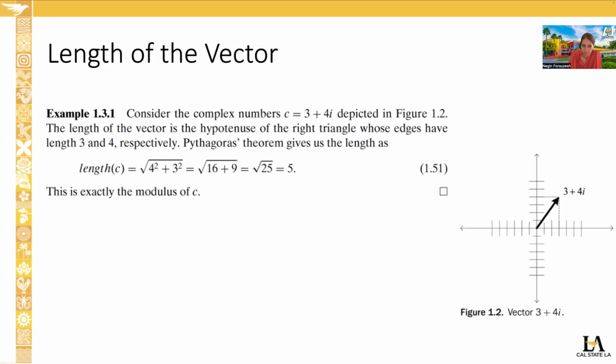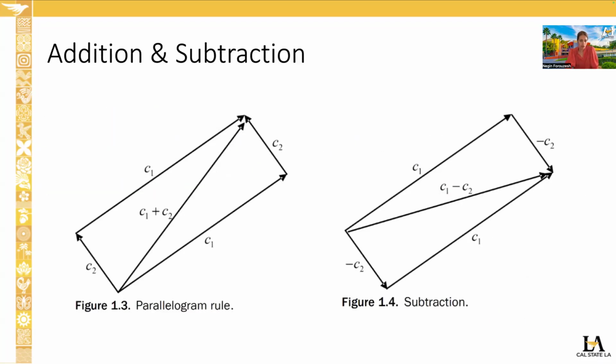Okay, so addition and subtraction, hopefully you remember this from linear algebra when we defined vectors. So if you have two vectors, C1 and C2, if you want to add them, this is what you get as their addition. Another way of looking at it is that if this is C1, you just copy C1 to the end of C2. So C2 plus C1 gives you this.